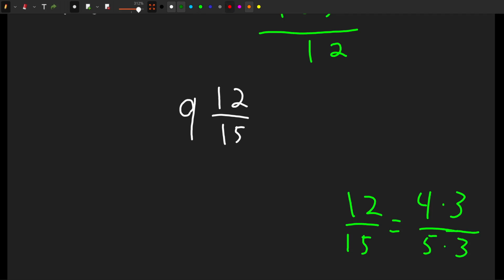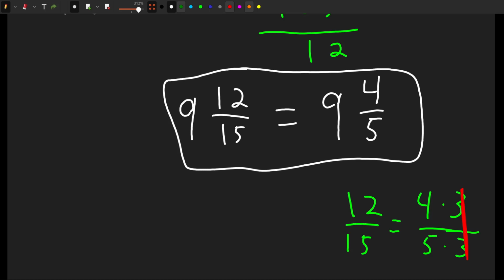Notice how we can both cancel out the 3 here. And so in this case, 9 and 12/15 can also be 9 and 4/5. And that is your answer.